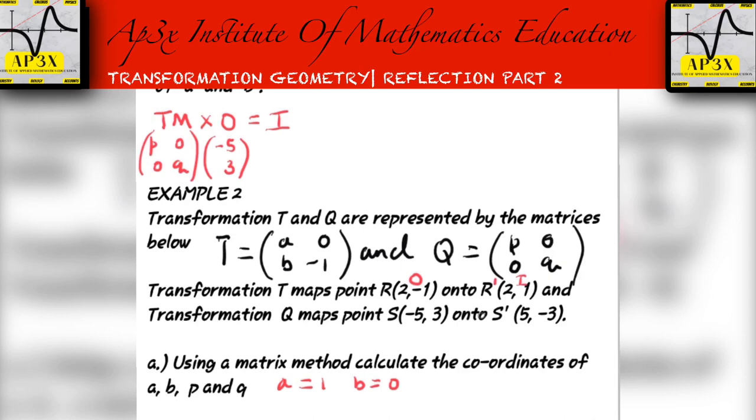And then it's going to be equal to, after the transformation, it maps onto 5, negative 3.